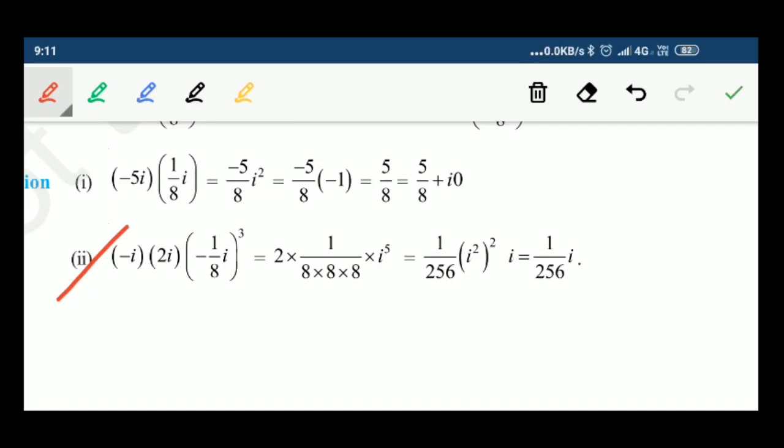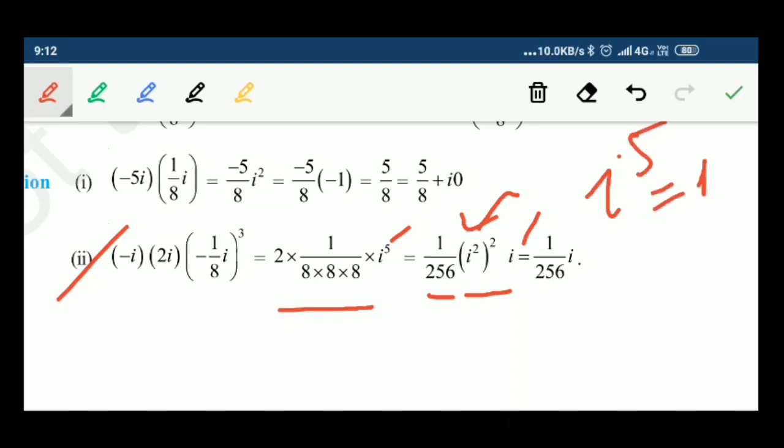So when you multiply all these iota, you will get here iota raised to power 5, and we can write this in the form of iota square raised to power 2 multiplied by iota, and multiply all these and you will get here 1 upon 256, and when you simplify this term you will get 1, and the value of this i raised to power 5 is equal to iota.